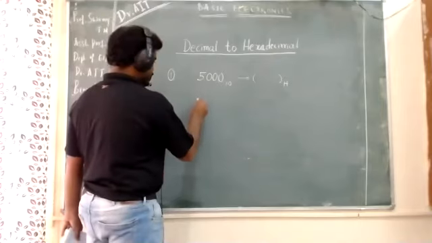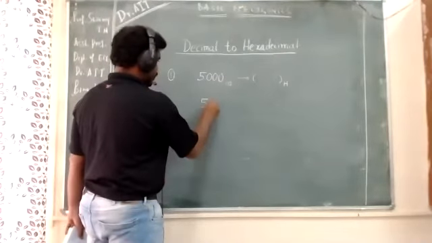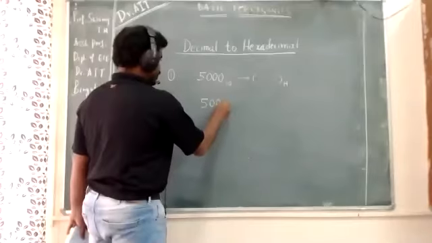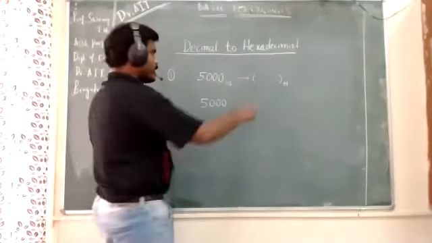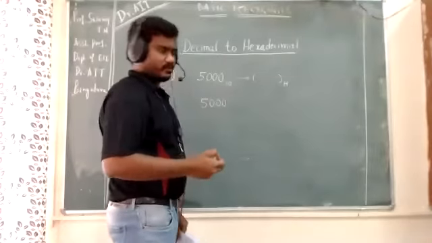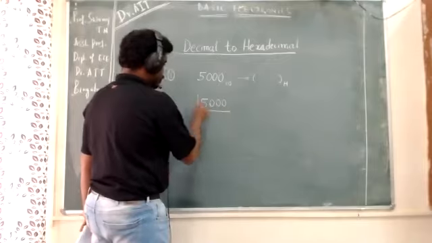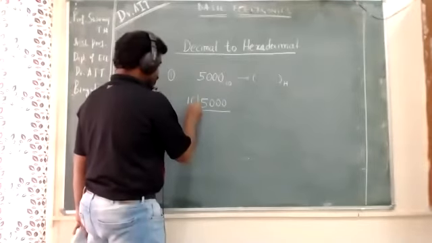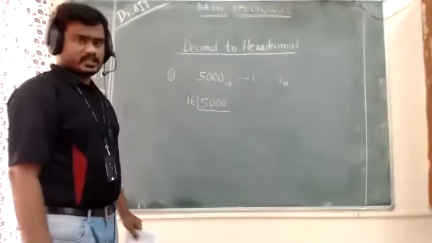I have to take this decimal number, and it should be divided by the base of the number system which we are converting. So the base is 16. So I have to divide this 5,000 by 16.